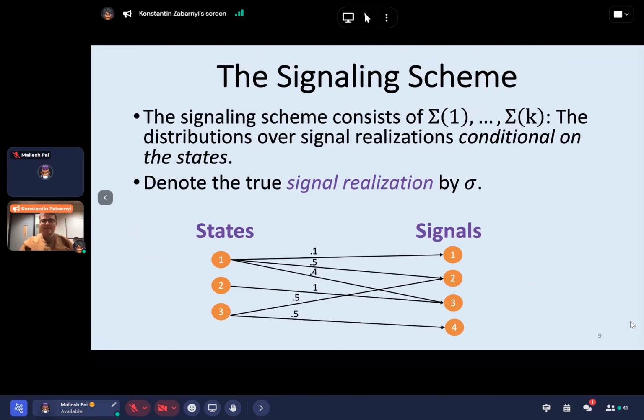One side is states and the other side is signals. And on the edges we write the probability that some signal is sent in some state. So for example, here in state 3, with probability 0.5 we send signal number 2, and with probability 0.5 we send signal number 4. And we denote the true signal realization by sigma.